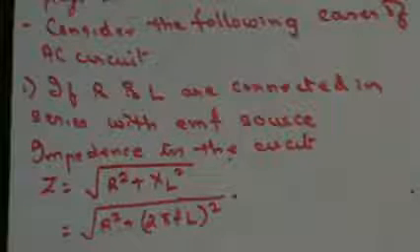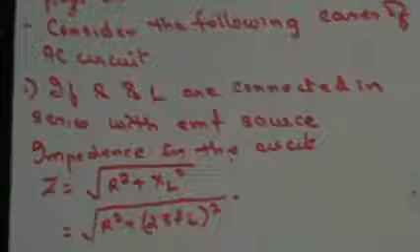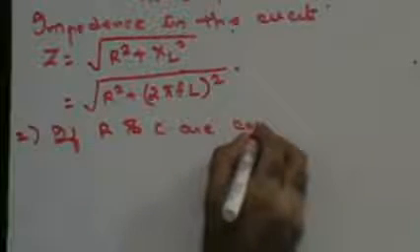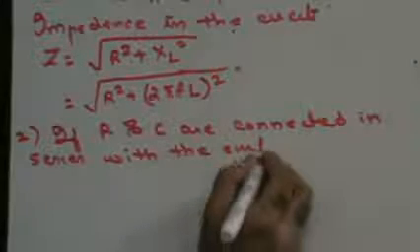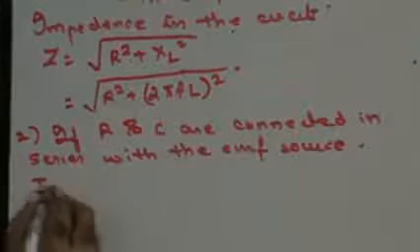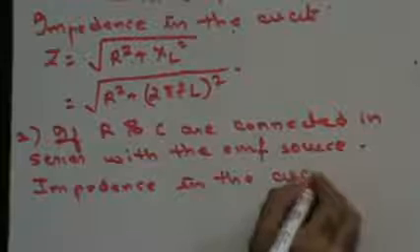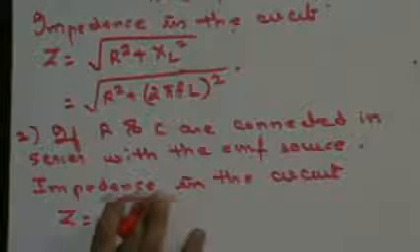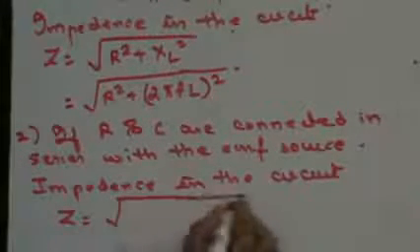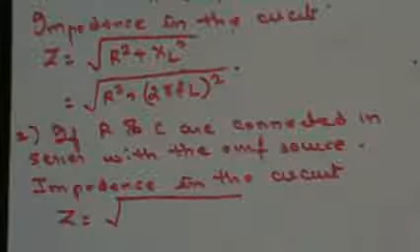Next, let's consider another case. If resistance and capacitance are connected in series with the EMF source, then the impedance in the circuit Z is going to be, again, we know that capacitive reactance and the current are 90 degrees out of phase, and resistance is in phase with the current.